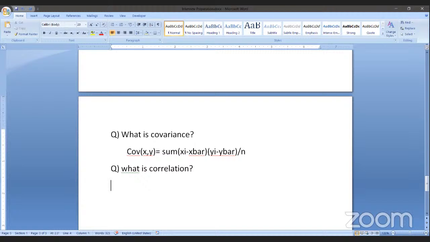So for correlation, we have the formula: correlation of x comma y, yeah, correct, or covariance of x comma y divided by standard deviation of x into standard deviation of y. So what is standard deviation next?